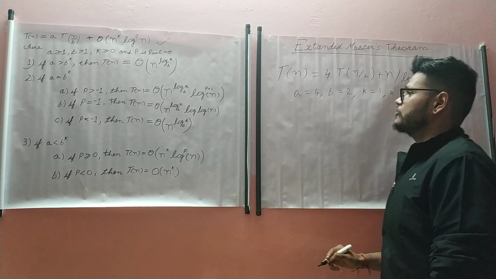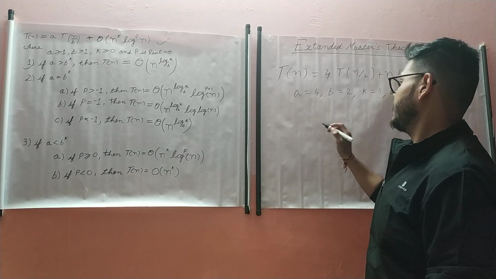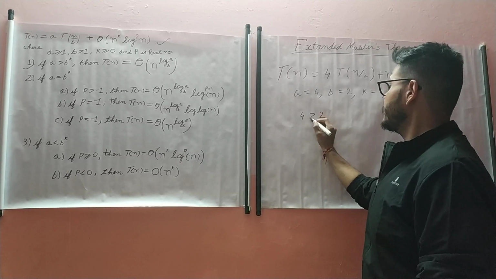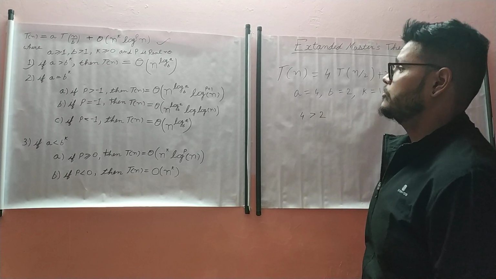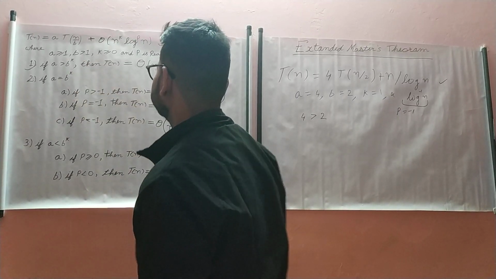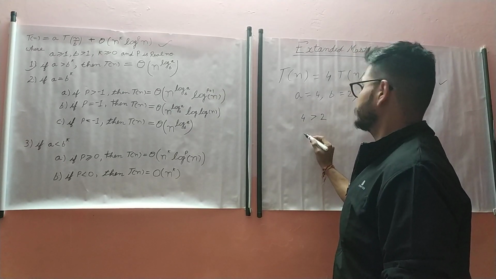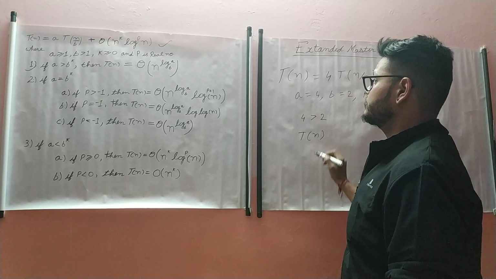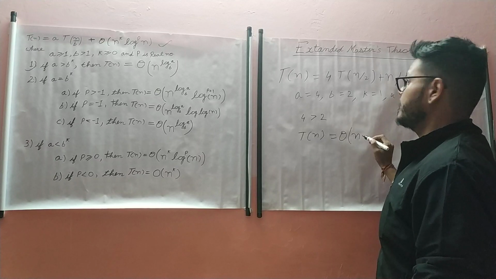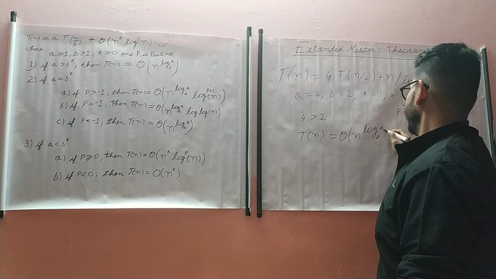Now we will compare a and b^k. a is 4 and b^k is 2. So a is more than b^k. So we will do this case. Here we have T(n) = theta of n^(log_b a).